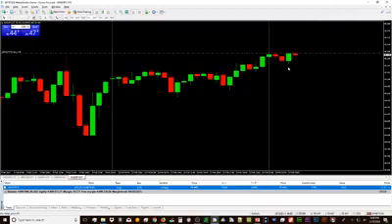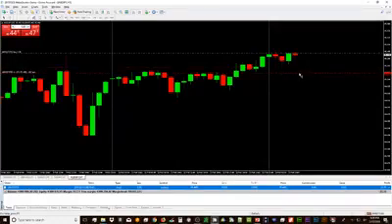Now, if you want to set a stop loss, the easiest way is to hover your mouse over your trade line, left click it, drag down. Simple as that.